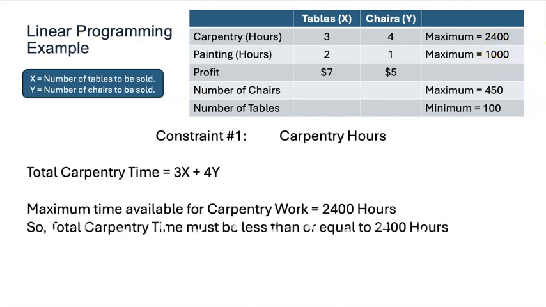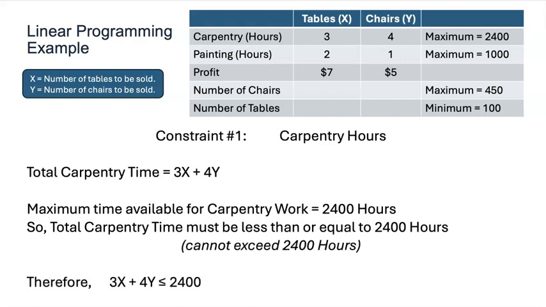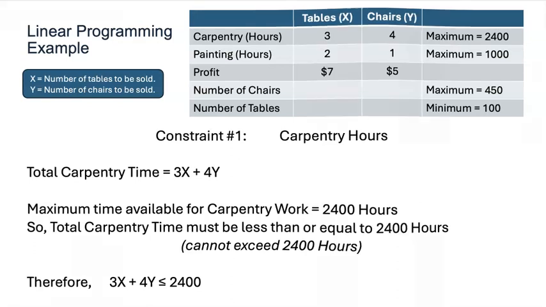So we cannot exceed 2400 hours. That means total carpentry time must be less than or equal to 2400 hours. So we can write that as 3x plus 4y less than or equal to 2400. Right, so that's the first one.